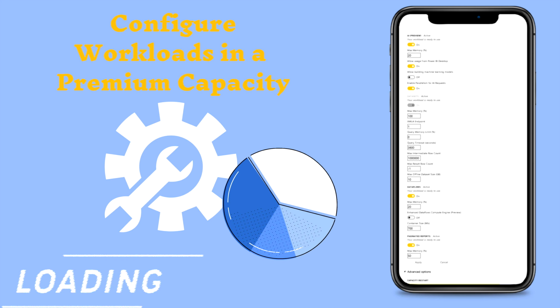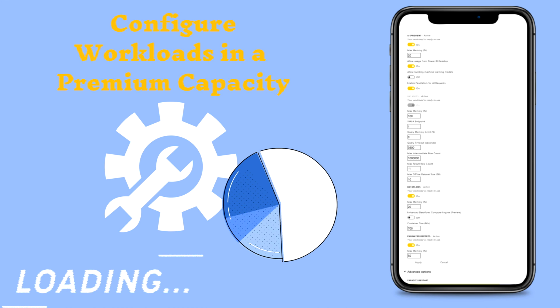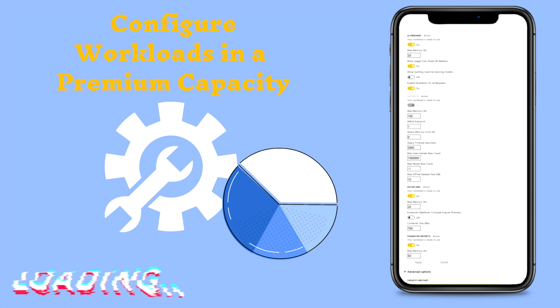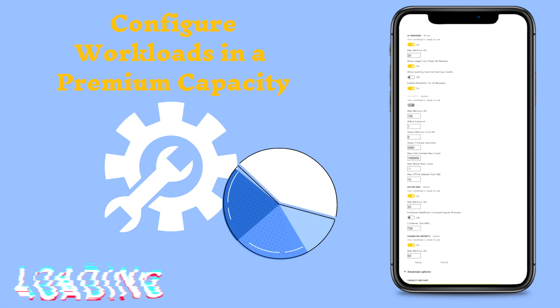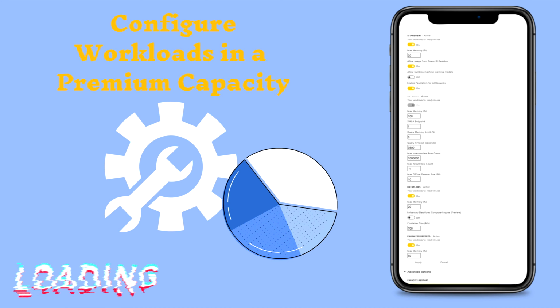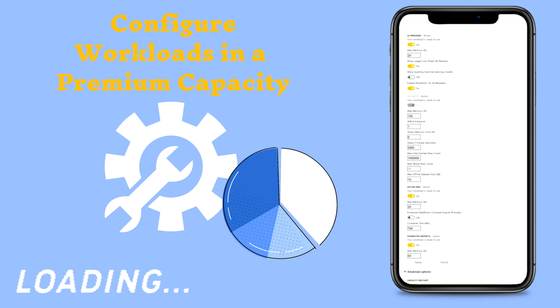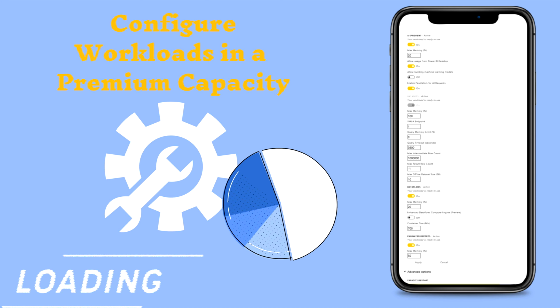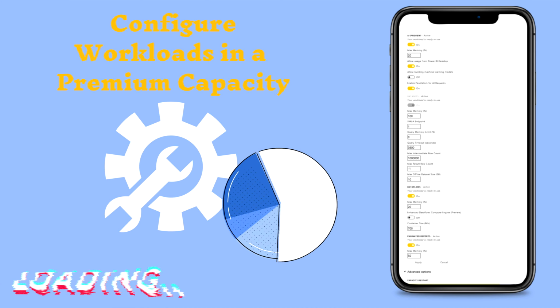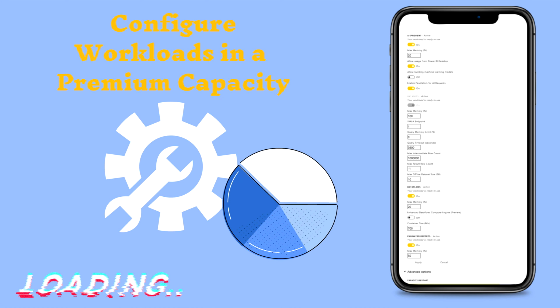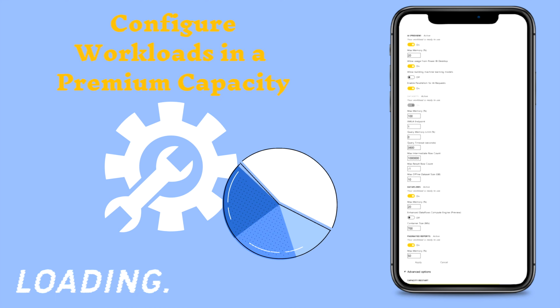You can maximize your capacity's available resources by enabling additional workloads only when they are used. And you can change memory settings only when you have determined default settings aren't meeting your capacity resource requirements. So guys, if the default capacity settings which Microsoft has enabled are not working for you, you can go to your Power BI admin portal, and there under capacity management you can manage all those settings by yourself.